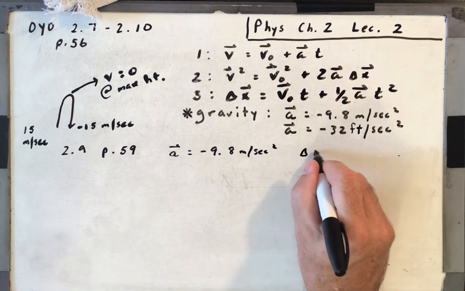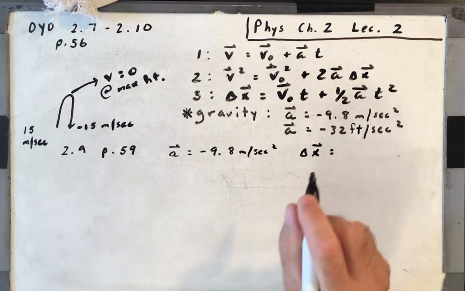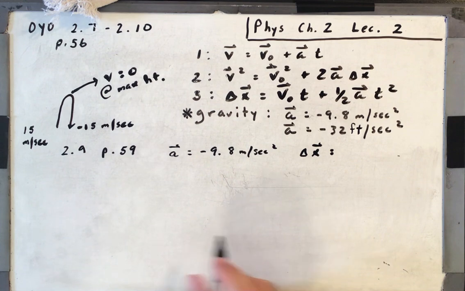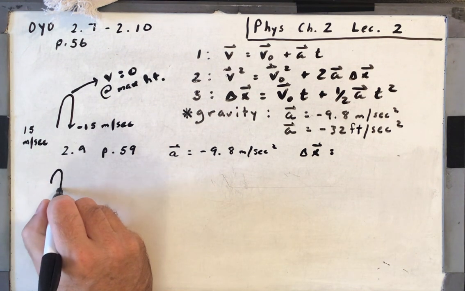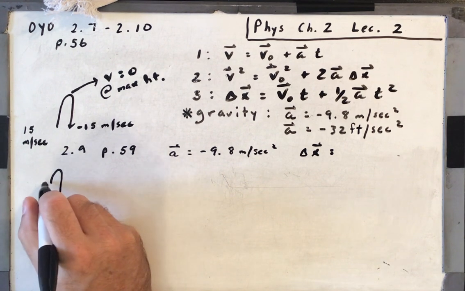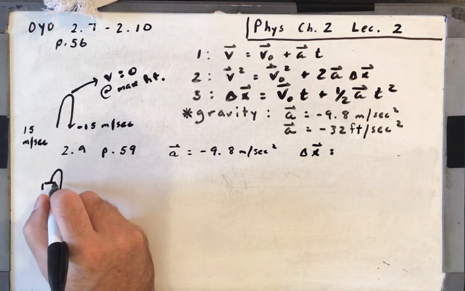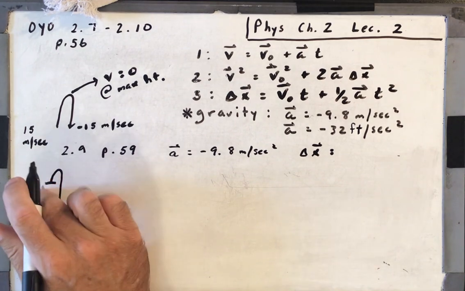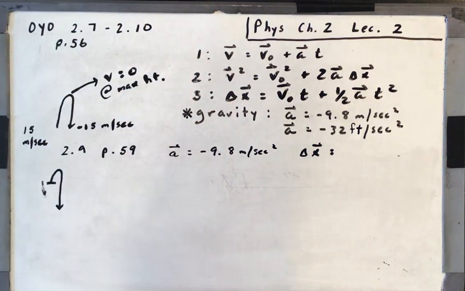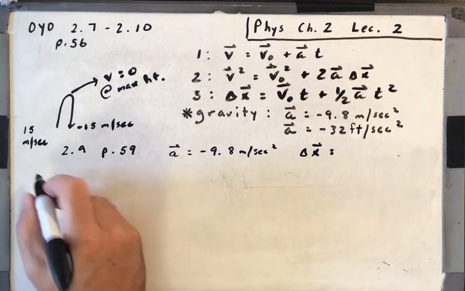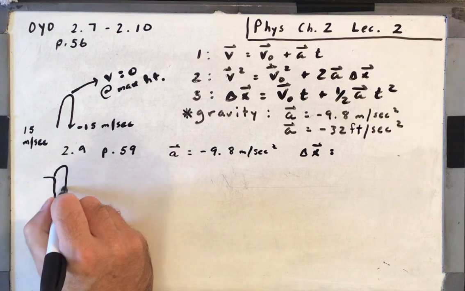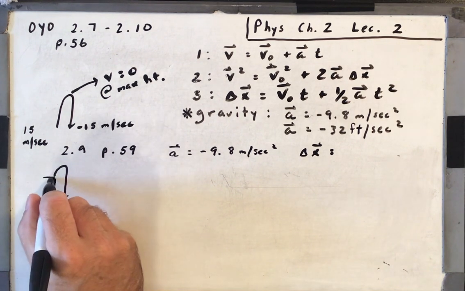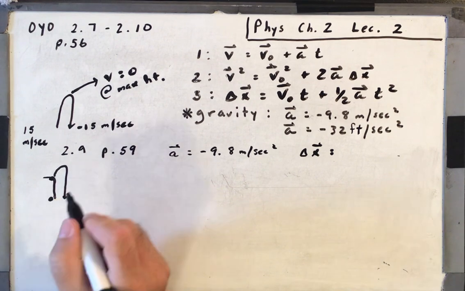Now displacement, remember, isn't distance. You're throwing it up off the cliff and then coming down, it's hitting the ground. So we've got a cliff. Displacement would be the distance from here to here.